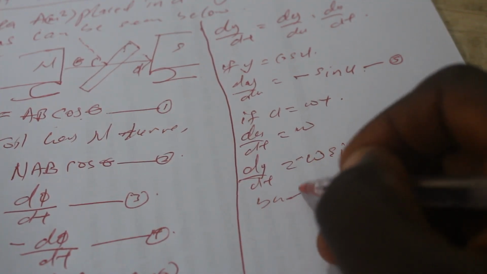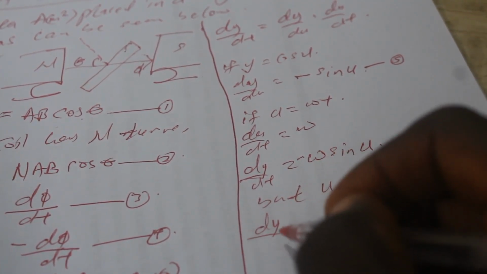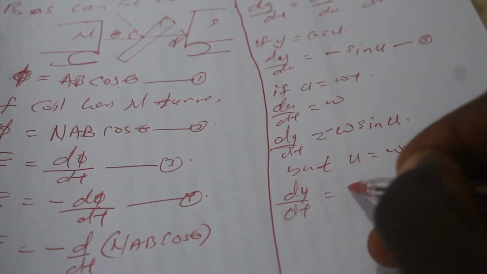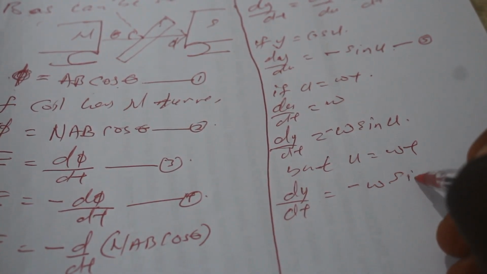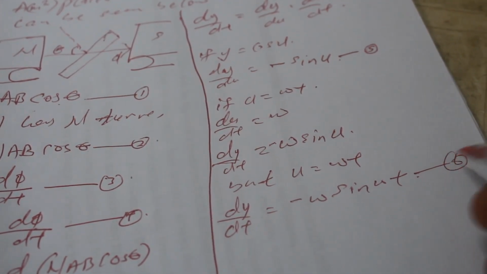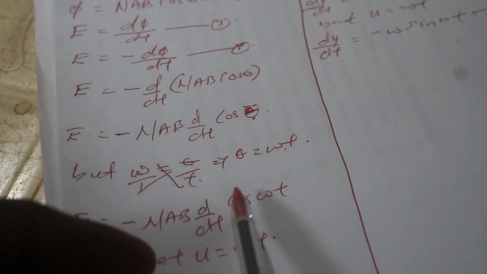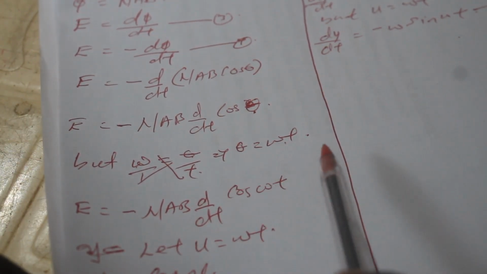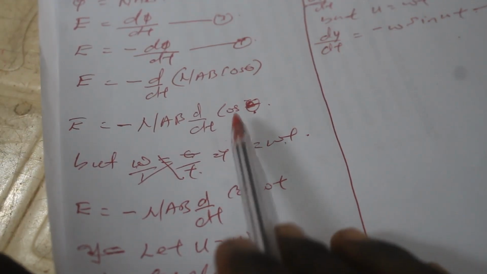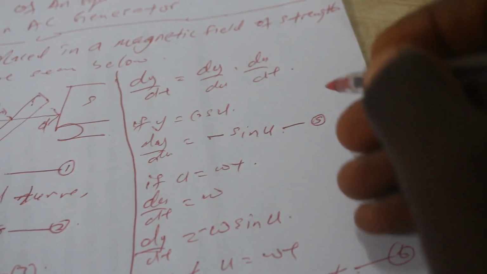But remember that u is equal to omega t. That means we put it back in here. So dy/dt will now become minus omega sine omega t. This is equation 6. So we're now going to put equation 6 back into this equation here. Let me label it: this is equation 4, here will be 5, here will be 6, and here will be 7.